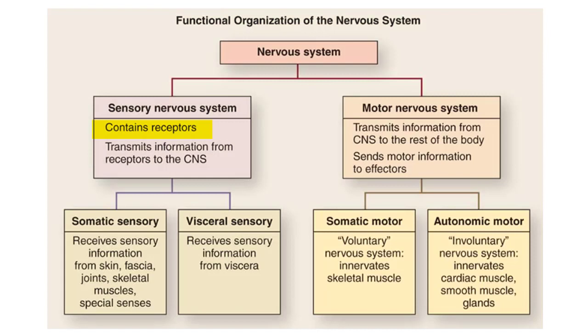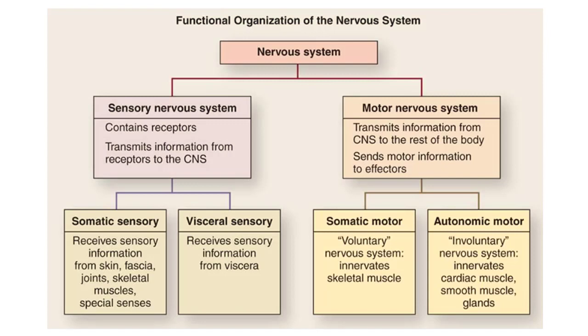So it's quite obvious it should have a somatic component that will receive information from our soma or body, like our skin, skeleton, muscle, etc. And the visceral component, as the name indicates, will receive information from viscera. Why does it have somatic and visceral components? Because it has to receive information from all muscles, like skeletal, cardiac, smooth, and also from glands. In fact, I will say from the whole body.